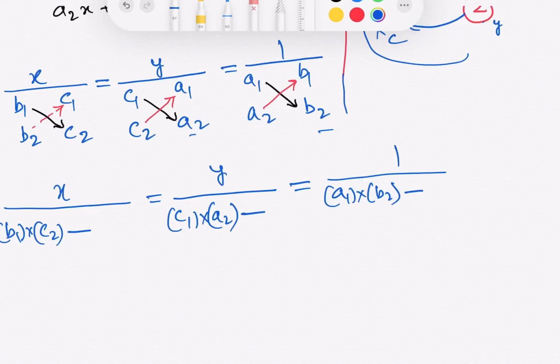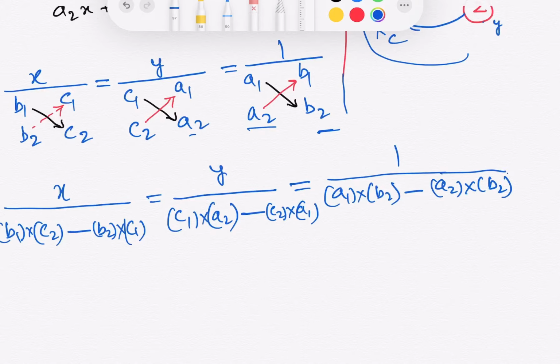The upward arrow from b to c1 you write after the negative sign, which is b2 multiplied with c1. Here also c2 is multiplied with a1, and the constant part is a2 multiplied with b1. So now the whole expression is complete.